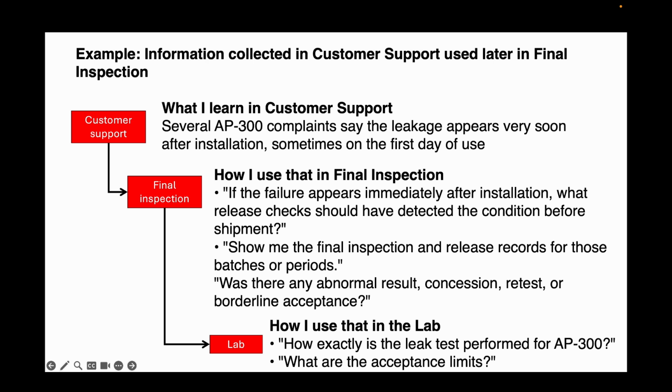Then I can ask to see the final inspection and release records for those batches or periods. And I can probe further. Was there any abnormal result, concession, retest, or borderline acceptance?